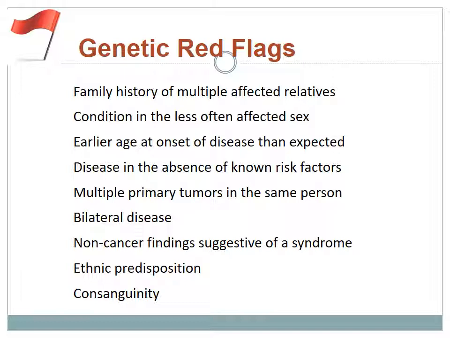You look for a disease in the absence of known risk factors. You look for multiple primary tumors in the same person. Look for bilateral disease. And non-cancer findings suggestive of a syndrome are very important to ascertain. You also look for ethnic predisposition as well as consanguinity.